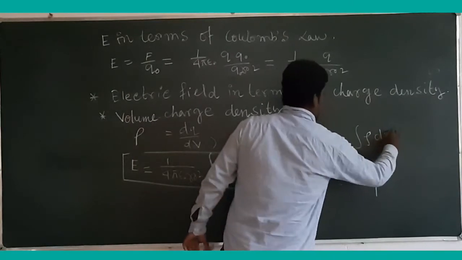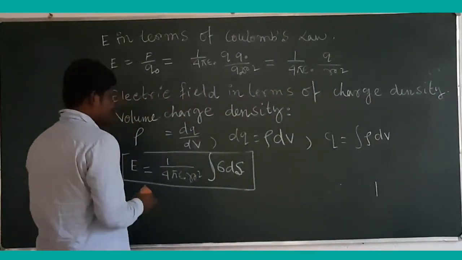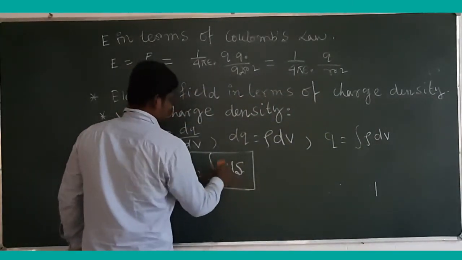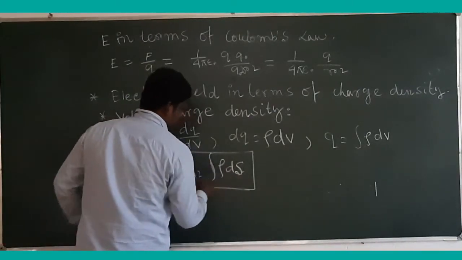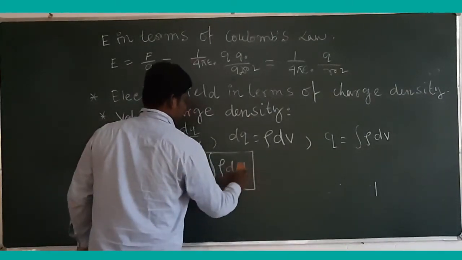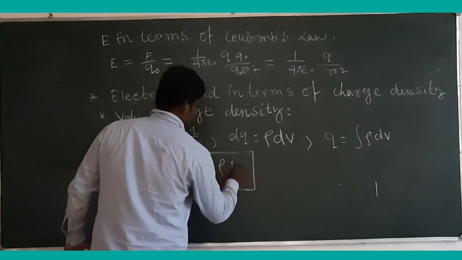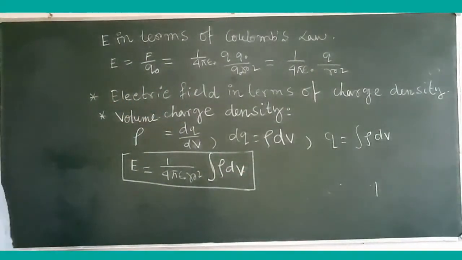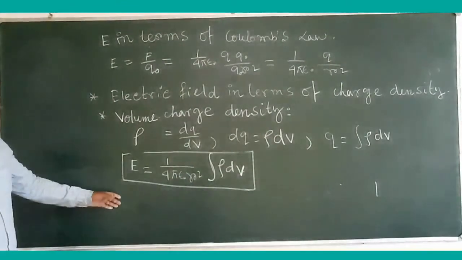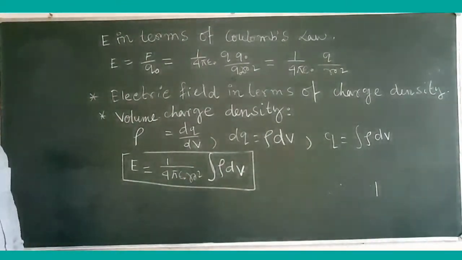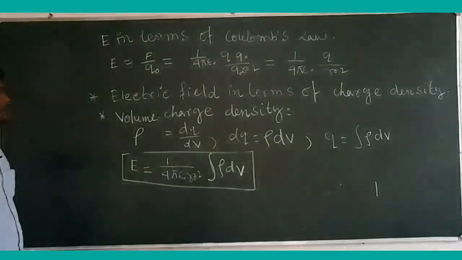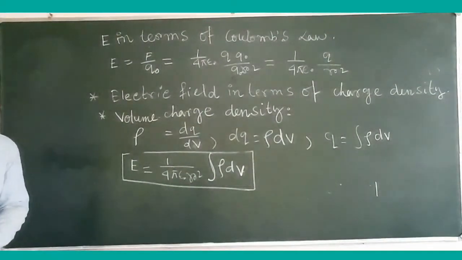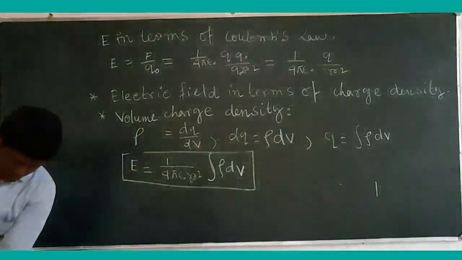So this is rho, this is your dV. Okay, so this is the expression of electric field in terms of volume charge density. Does everyone understand this or not? Okay, chalo.